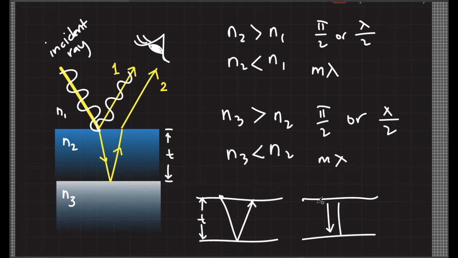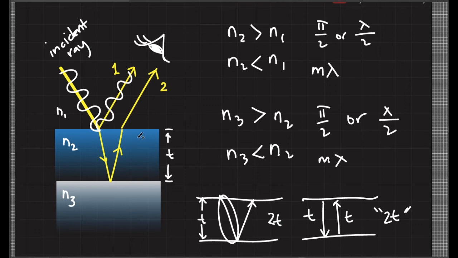And when we assume this behavior of light, we could simplify the calculation and approximate that this distance is represented by 2t. In other words, light simply enters the film at a distance t, and then it is reflected back at a distance t. So we have t here and then another t here, then we have a distance of 2t.